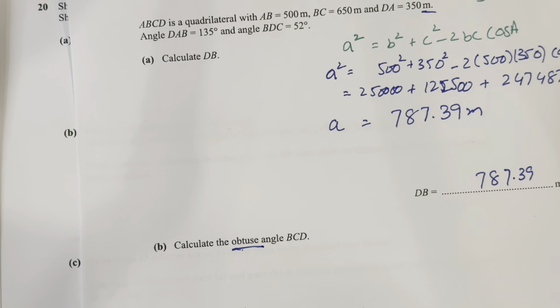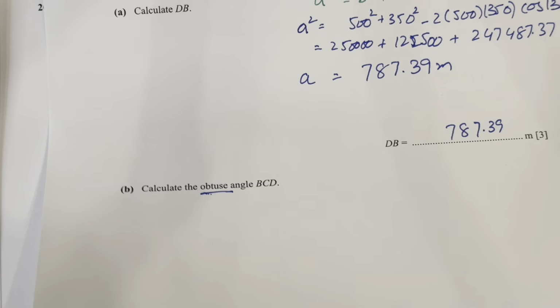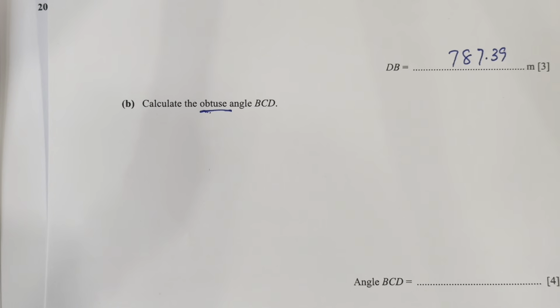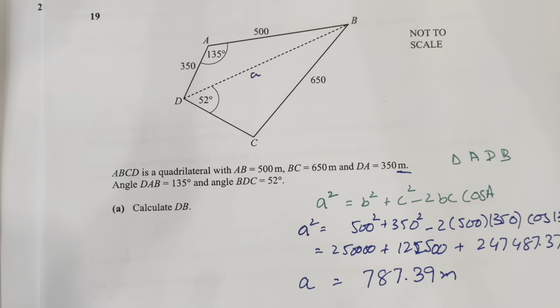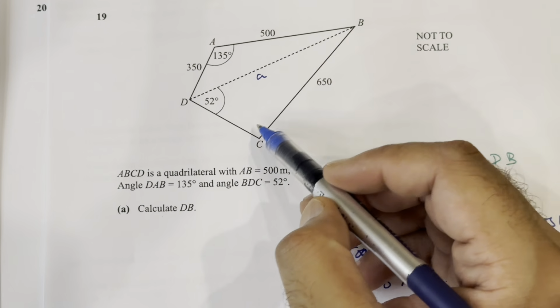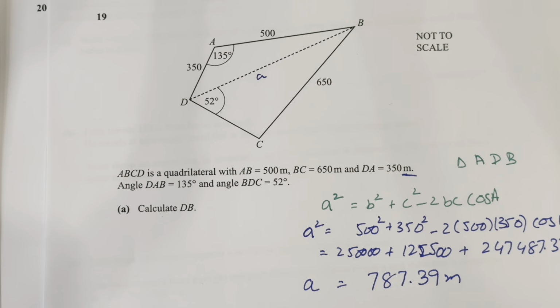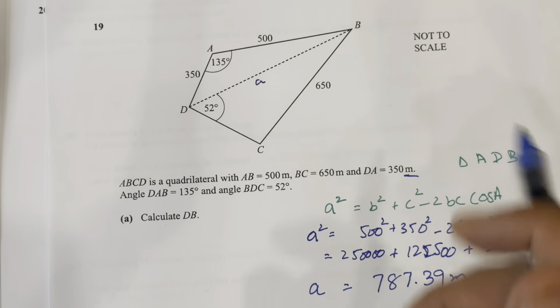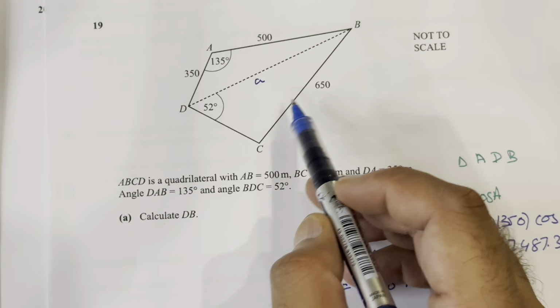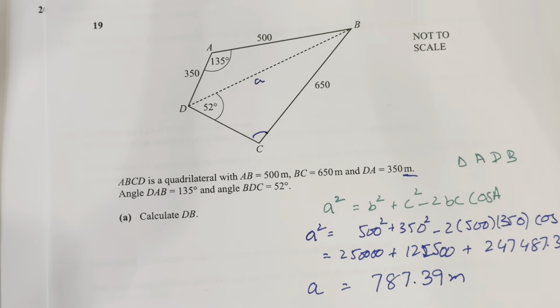Now part B is to calculate obtuse angle BCD. This is very important information. If you ignore what is obtuse angle, you're gonna lose 1 mark, and this question carries 4 marks. So you need to carefully calculate the obtuse angle. Here in the diagram we can see that DCB is this triangle, but we need to calculate the obtuse angle. So we're gonna use the sine rule over here, because this dimension is also given, and we need to find this angle.